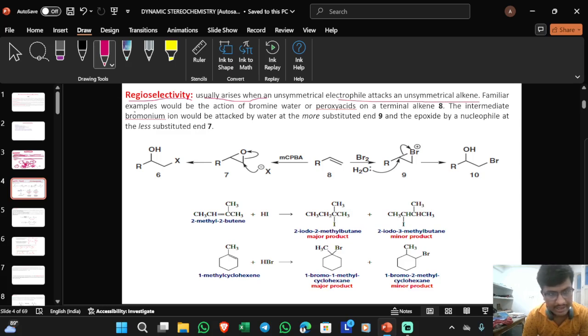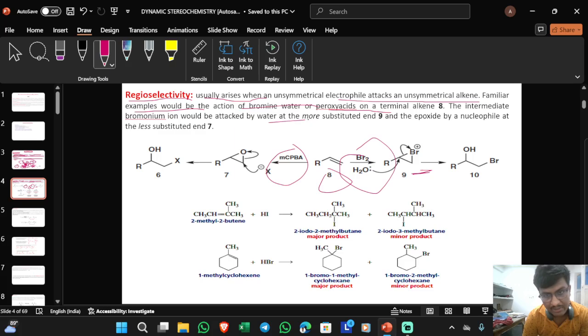A familiar example would be the action of bromine water, and peroxide. Peroxide means this, not that. Peroxide with the alkene leads to the intermediate bromonium ion.